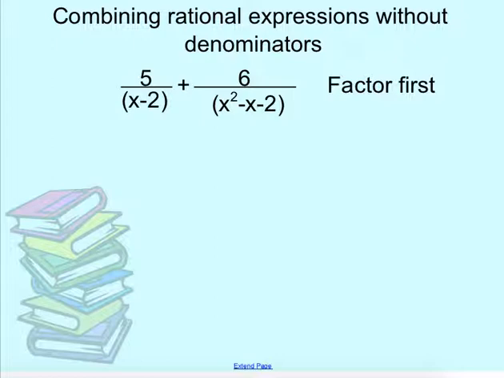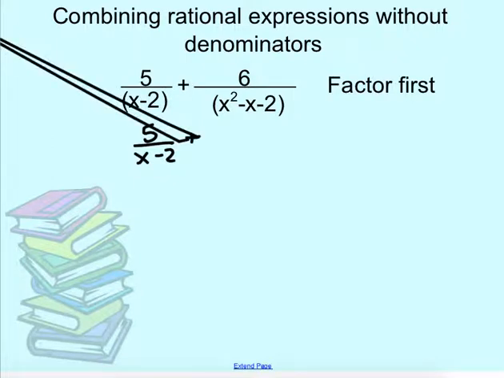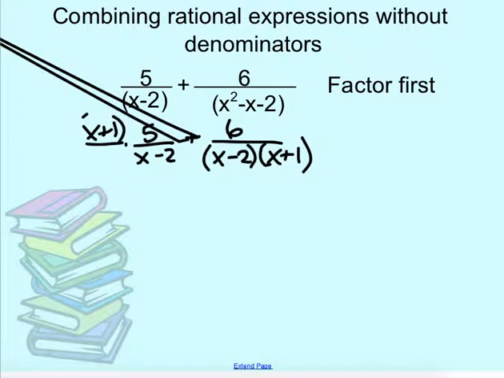So in this one, that first fraction is going to stay the same, 5 over x minus 2, plus 6 over, and I'm going to factor this to x minus 2 times x plus 1, meaning our first fraction is missing a factor of x plus 1. So I'll take x plus 1 over x plus 1.